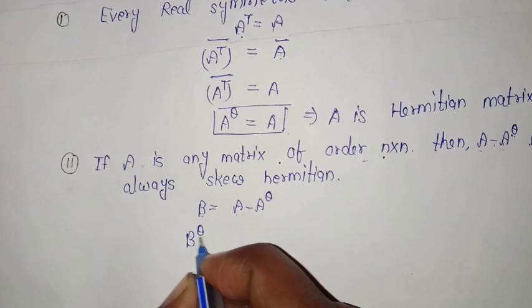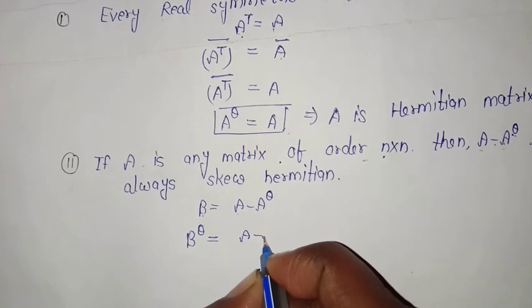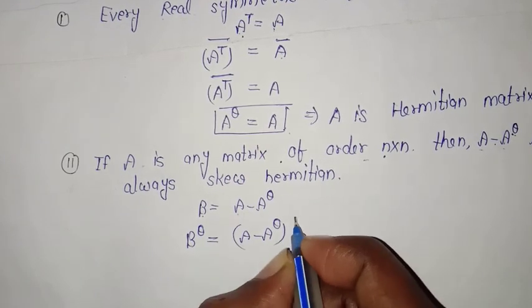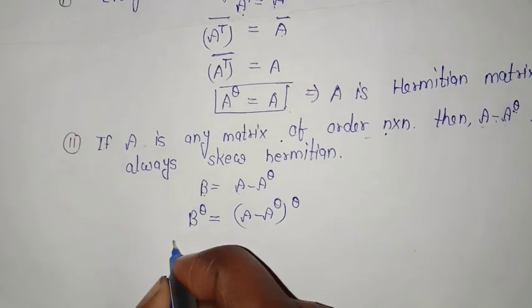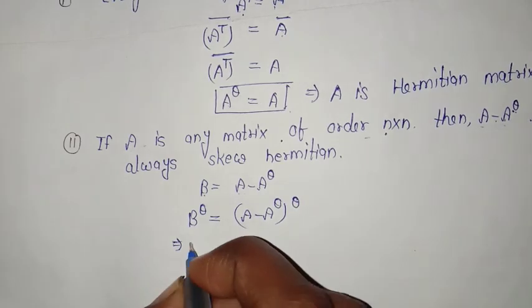So this becomes conjugated transpose of B, A minus conjugated transpose of A, whole conjugated transpose. Now it will distribute over each matrix.